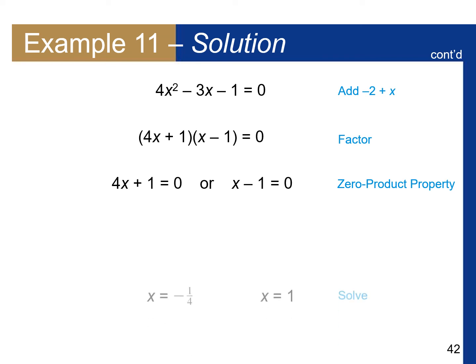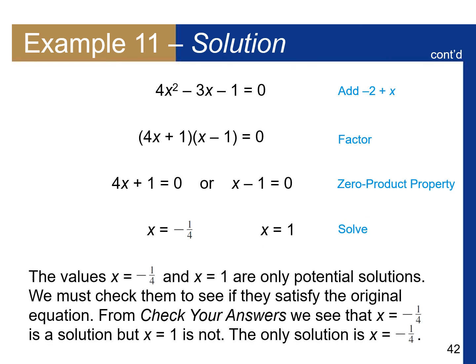Set them equal to 0. And I have my 2 answers. Now we have to check our answers. And when we do check our answers, we see that the -1/4 does work. But the x equals 1 does not work. So there's only one solution.